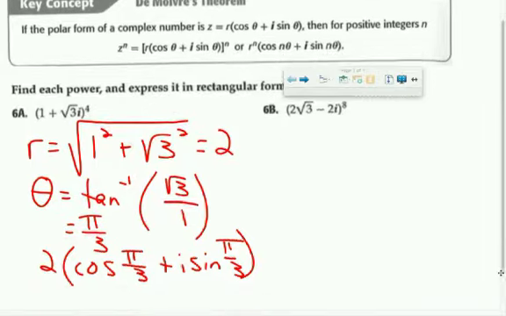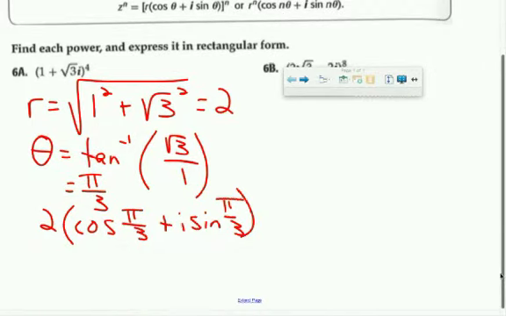And now, in order to raise 1 plus radical 3i, the quantity, to the 4th power, I'm going to use DeMoivre's theorem to take this polar number to the 4th power. The way I do that, according to the theorem, is I take r, which is 2, to the nth power.